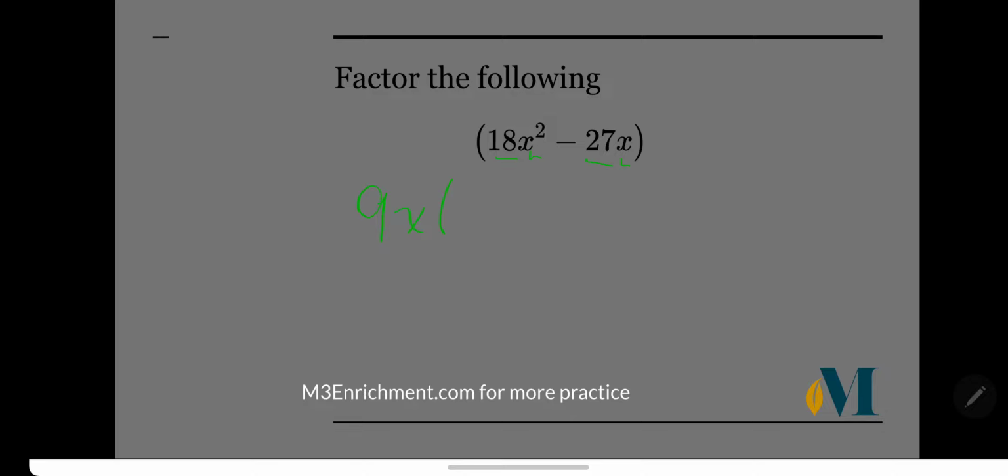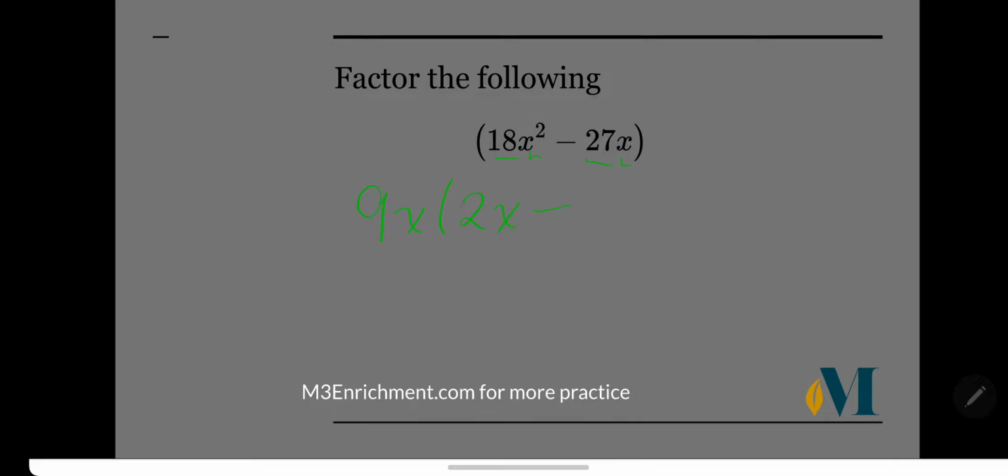So if we divide 18x squared by 9x, working with our coefficients first, 18 divided by 9 will be 2. Now our variables, x squared divided by x, that would be just x. Okay, our first term is good.